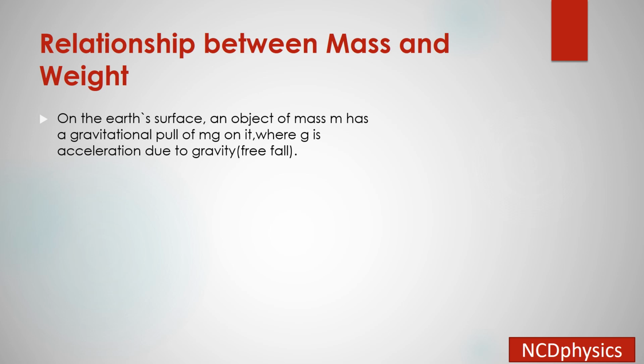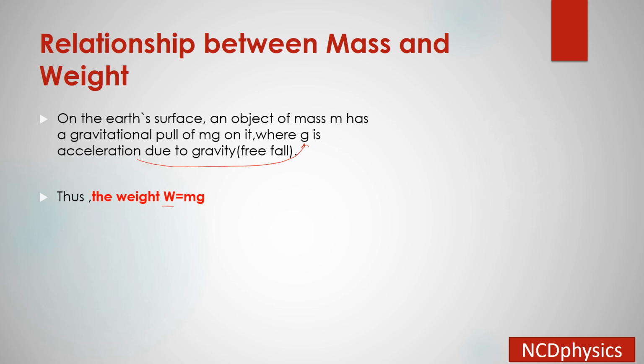So on the Earth's surface, an object of mass m has a gravitational pull of mg on it, where g is acceleration due to gravity. So g is also called gravitational acceleration. How are we going to find this formula?